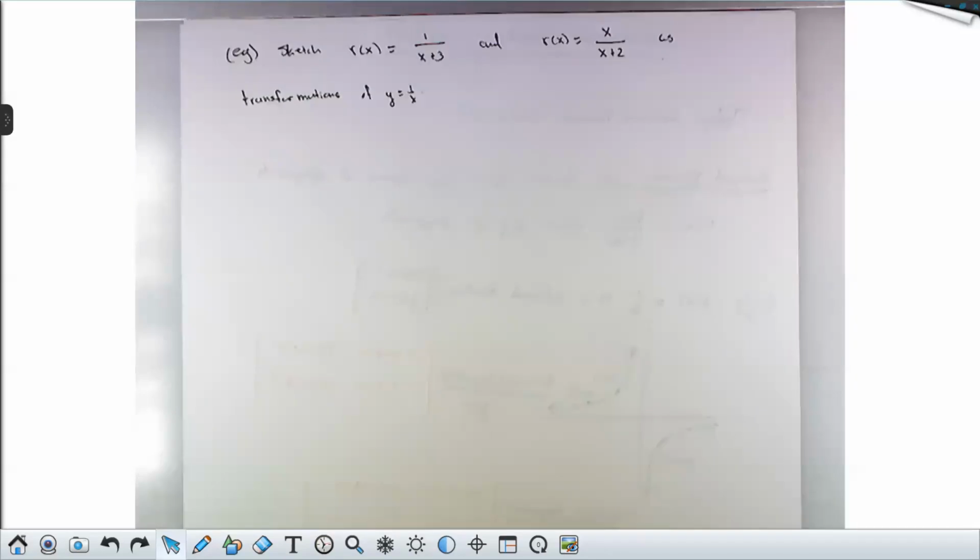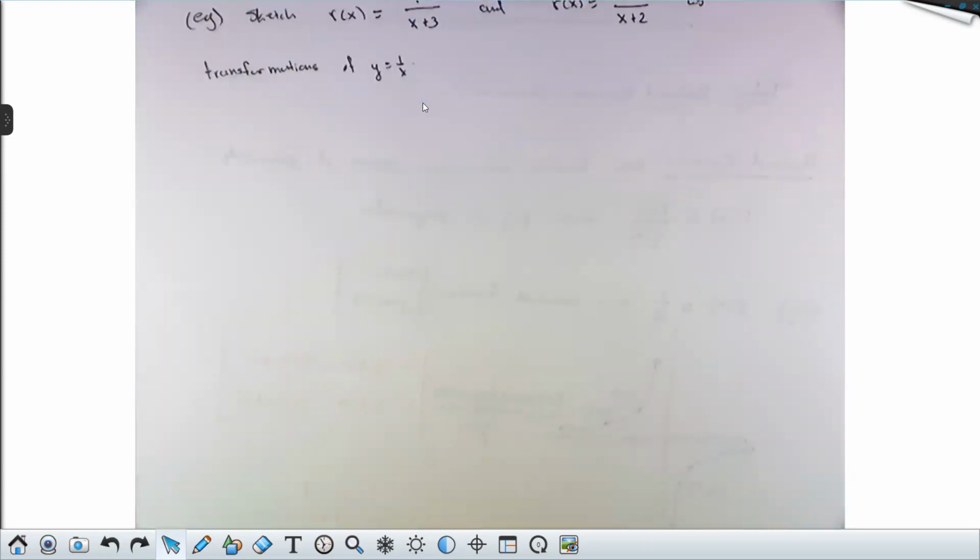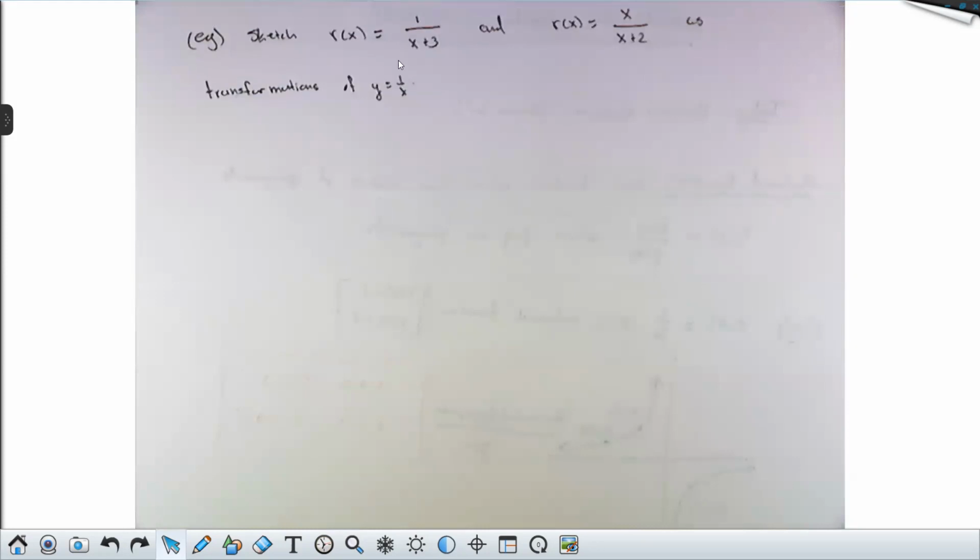The first one is going to be a little easier than the second one. So let's do 1 over x plus 3 first. What transformation do I need to apply to 1 over x to get the graph of 1 over x plus 3?